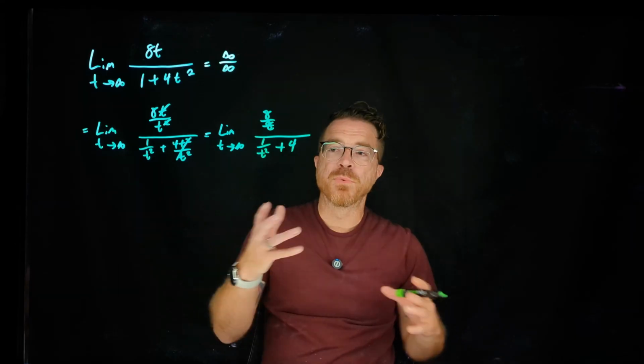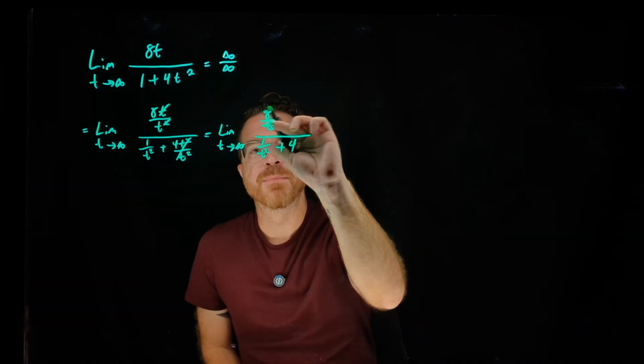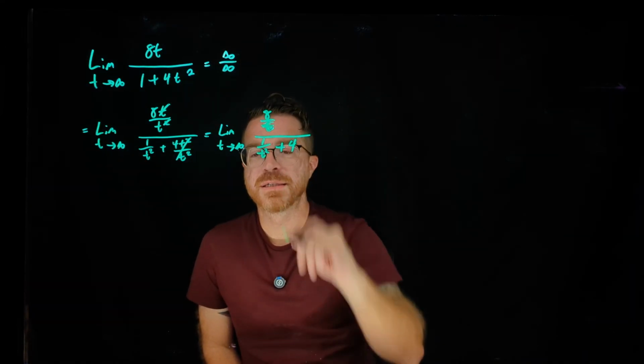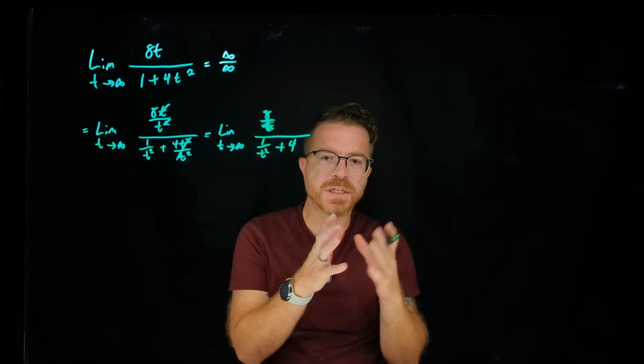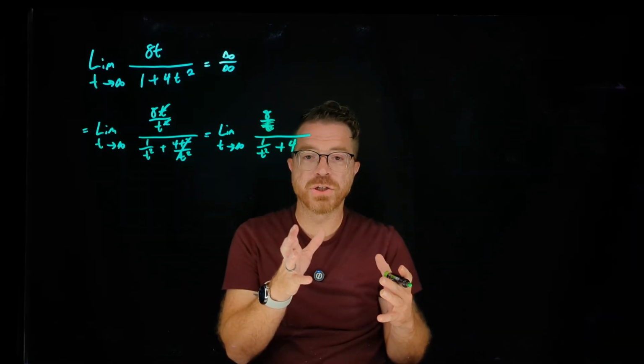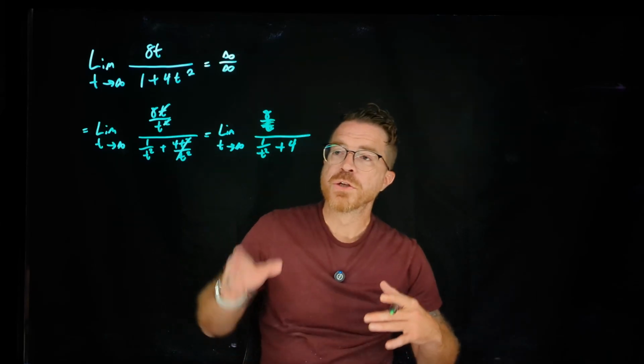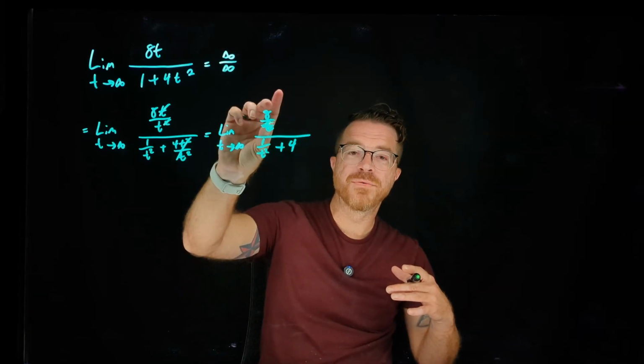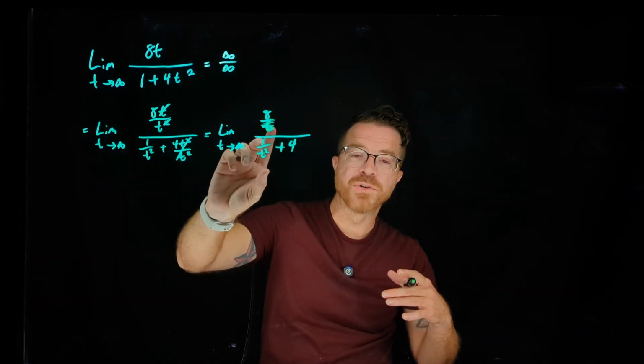At this point, most people would just solve it by going back to plugging in infinity for t to see what the behavior is. But just to be more explicit, I'm going to use our limit rules to show how we're actually solving this. First, I have the limit of something in the numerator over something in the denominator.